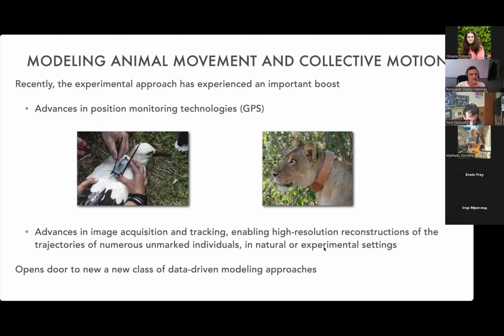This has opened the door to a new class of data-driven modeling approaches, in which you can rely on information from the real movement of animals instead of just postulating reasonable interactions or forces that you plug into your model.